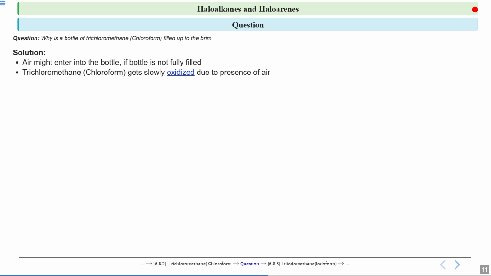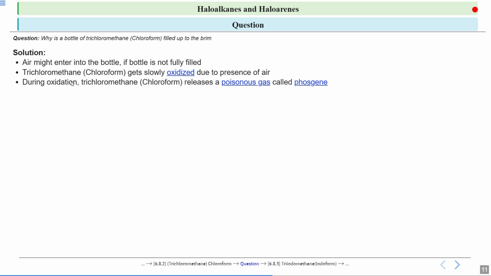What will happen through that? Trichloromethane or chloroform, due to the air contact, gets slowly oxidized due to the presence of air. So if you are not completely filling your bottle, air might enter into the bottle, and in the presence of that air, the chloroform can get slowly oxidized.